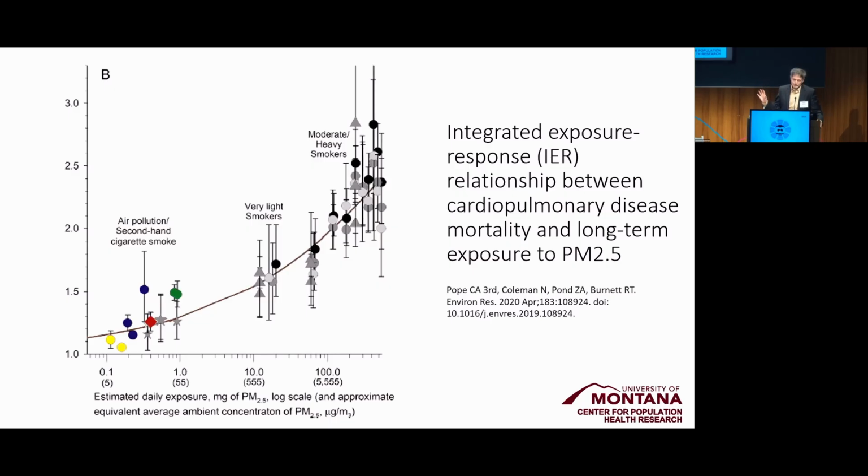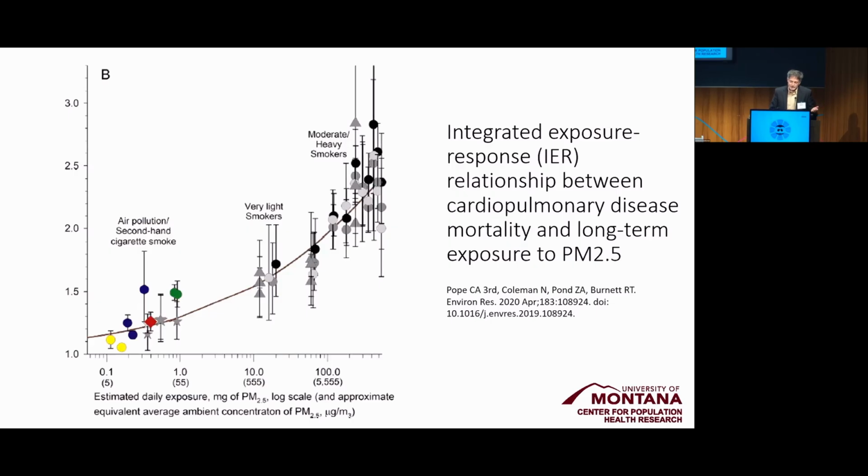I wanted to show this figure. It's called an integrated exposure response curve, and it's a useful visual for us to look at smoking exposures and other types of particulate matter exposures on a scale, and we can look also at how each of those exposures relate to risk.